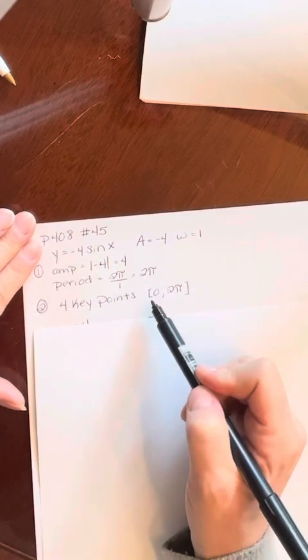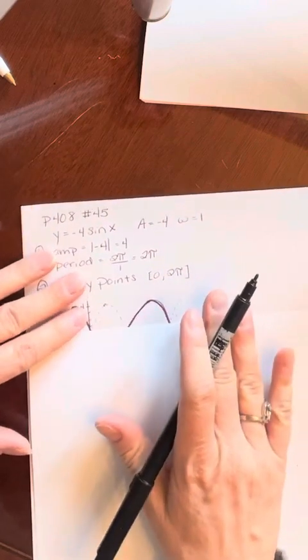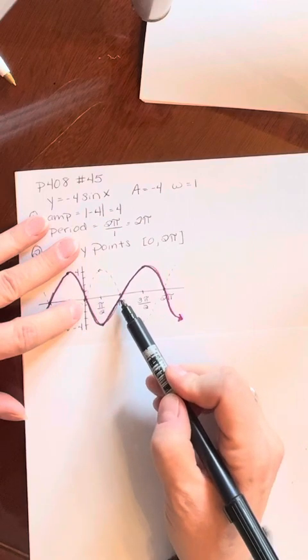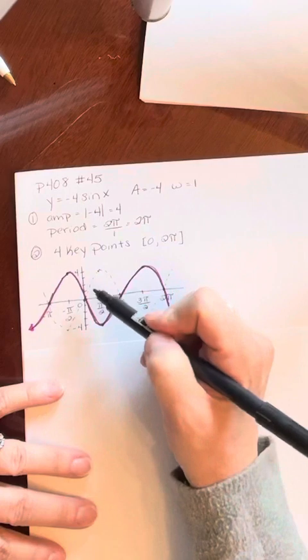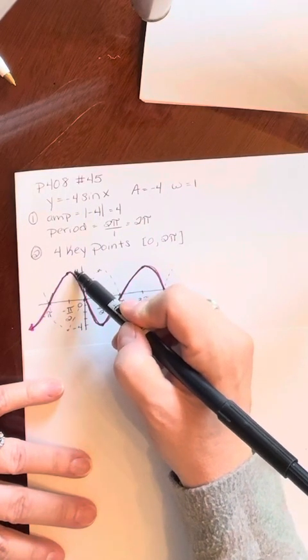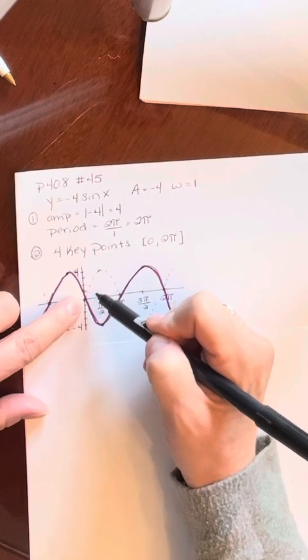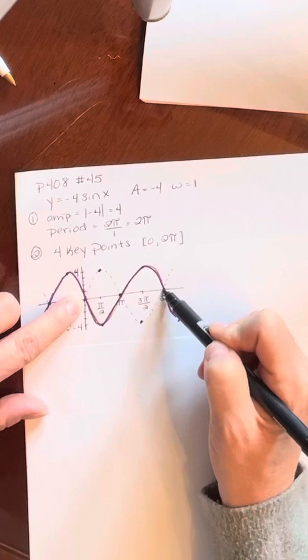Then you need your 4 key points between 0 and 2 pi. Thankfully, we've done that before. That's the nice one, it looks just like the regular. So we go 0, pi over 2, pi, 3 pi over 2, and 2 pi. Amplitude of 4, maximum of 4, minimum of -4. You start at the origin, you go up to your max, 0, min, 0.